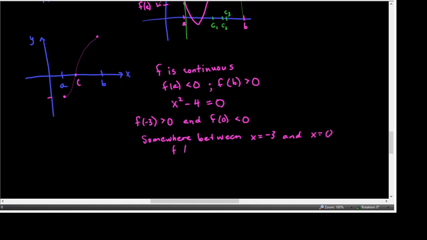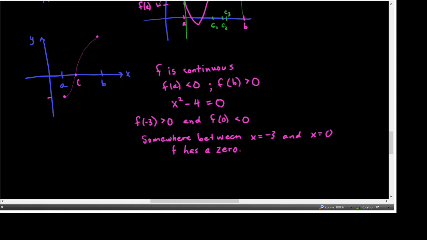f has a 0. Remember, a 0 of a function is a place where the function has a y value of 0. It's also sometimes called a root. Sometimes it's called an x-intercept. Those are various names. But wouldn't you be able to claim for sure that that has to be the case?